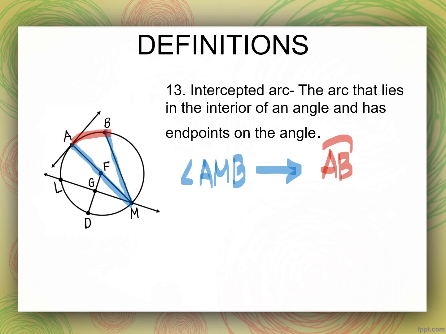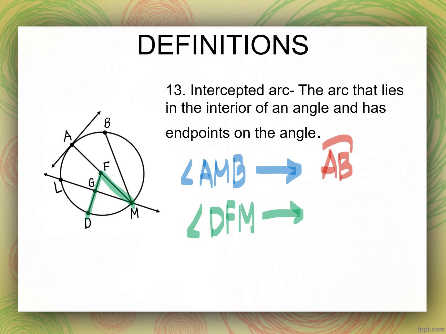Simple as that. Let's have another one. So for example, you have angle DFM. Okay, this one here. Okay, so what is the intercepted arc of that angle? So check the endpoints of the angle, and that would be the name of the arc or the intercepted arc.